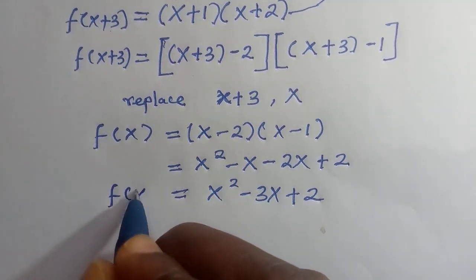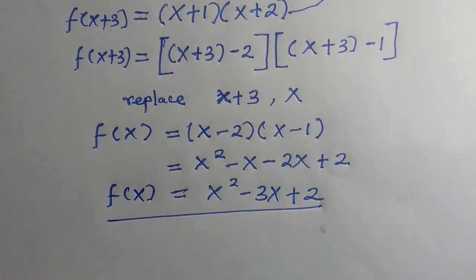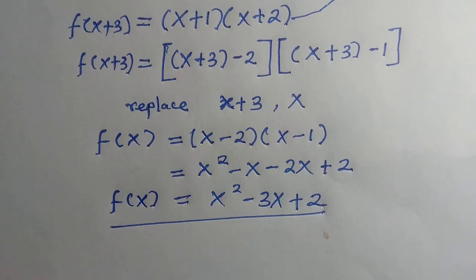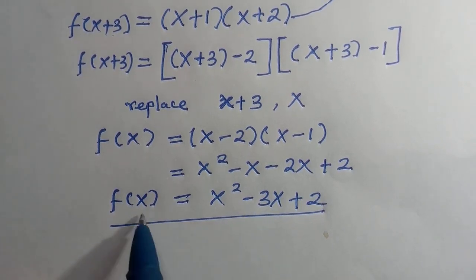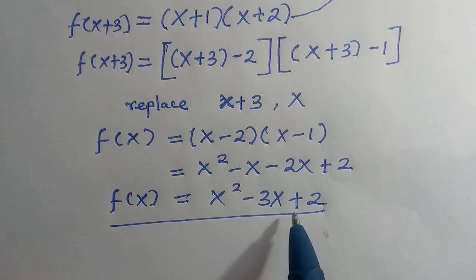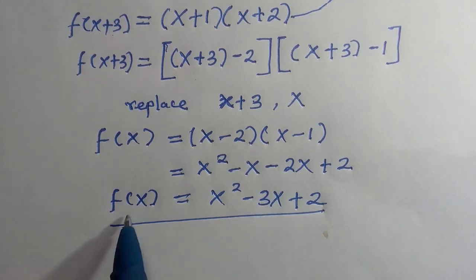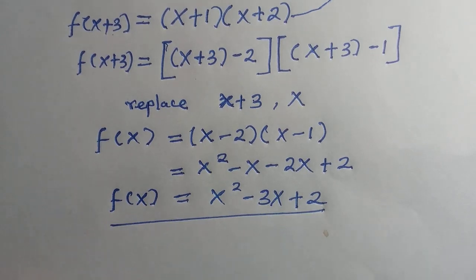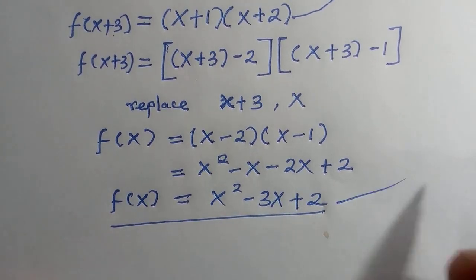So here is our f of x, as the first one is f of x plus 3. The only difference here is the first one takes plus and the second one takes minus: f of x plus 3 takes plus 3x, and f of x takes minus 3x, and here is the result.